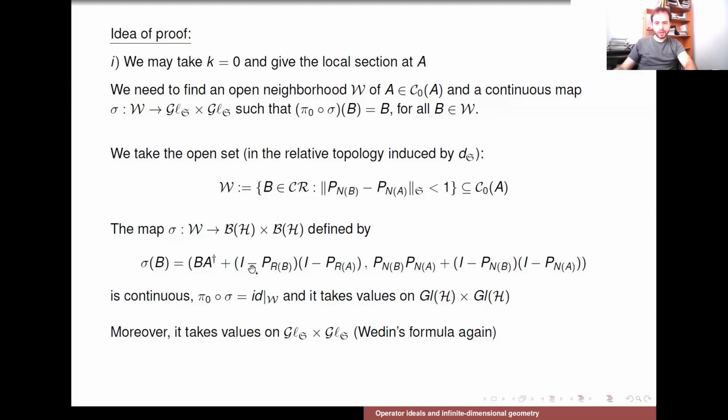And we have here the projections onto the range of B and onto the null space of B. These projections can be written in terms of the Moore-Penrose inverse.